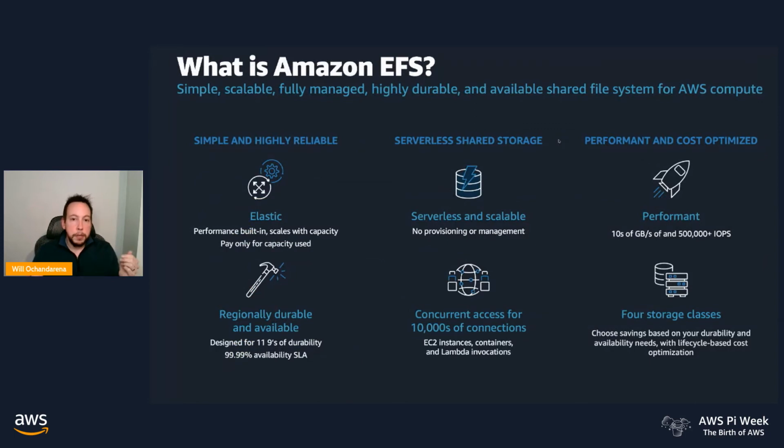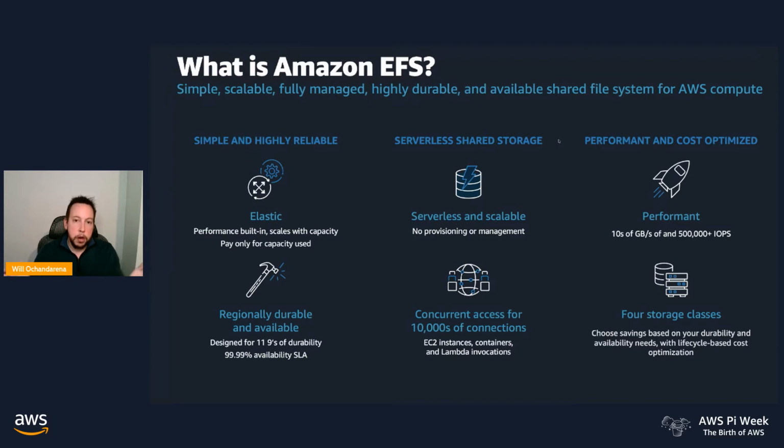So now let's talk about what EFS is. Elastic File System is a simple serverless shared file system for your compute applications. So just calling out a couple of attributes of it. As the name suggests, it's an elastic service. So you create a file system and you don't pay for anything until you start putting in data.